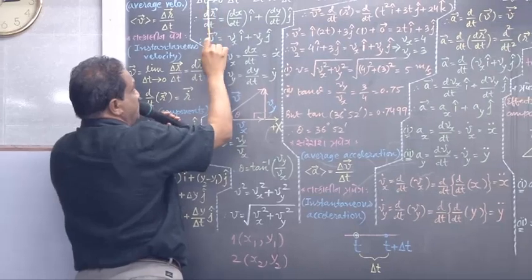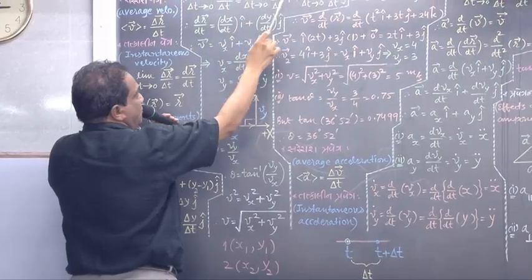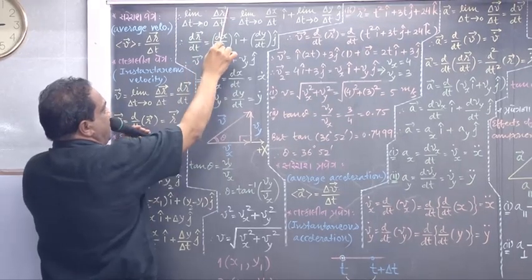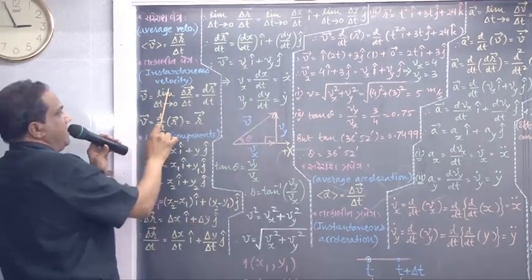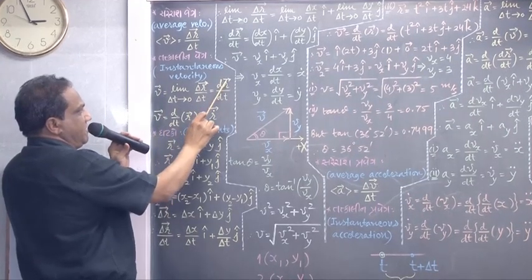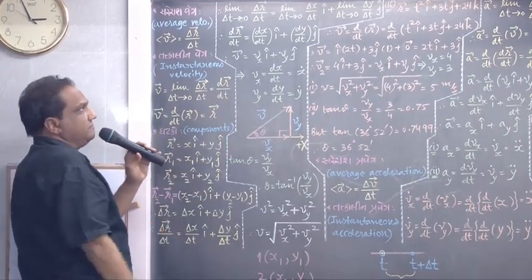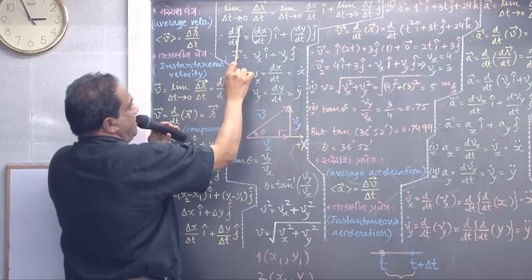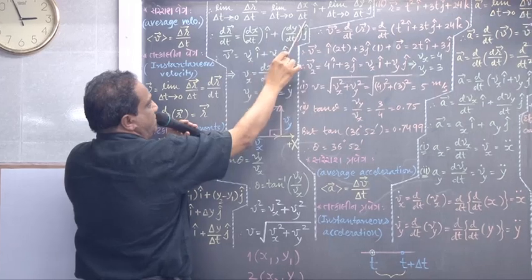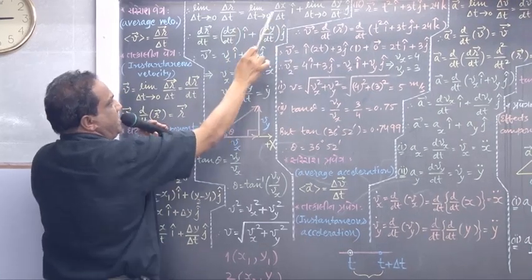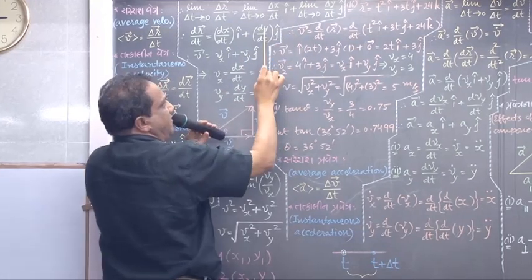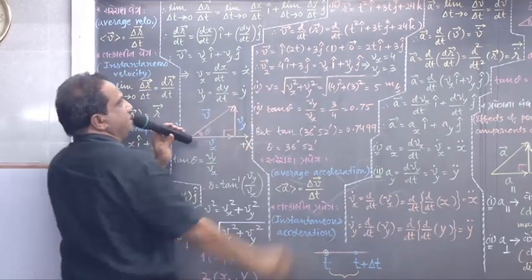Limit delta t tends to 0 of vector delta r by delta t is nothing but vector dr by dt. Similarly, in the language of calculus, this is nothing but dx by dt into i hat plus dy by dt into j hat.